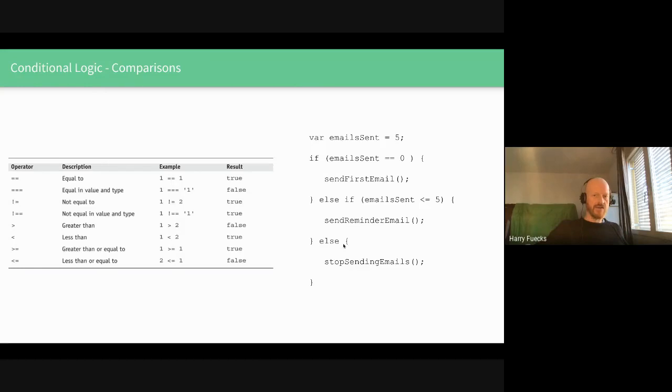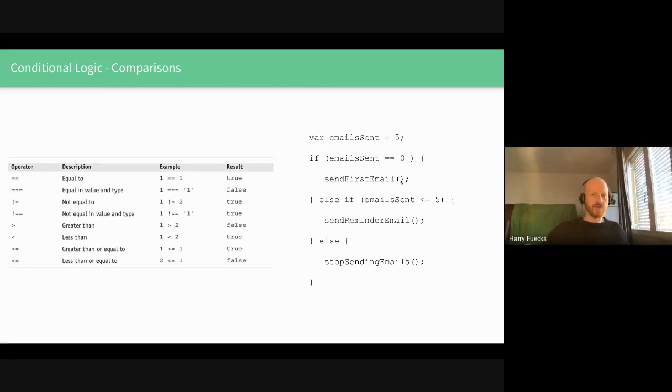And the final thing is, otherwise, it's like using Holmesian type logic, Sherlock Holmes. Assuming that email sent is not a minus number, anything that falls through to here means email sent was more than 5. So here we stop sending emails, whatever that means.